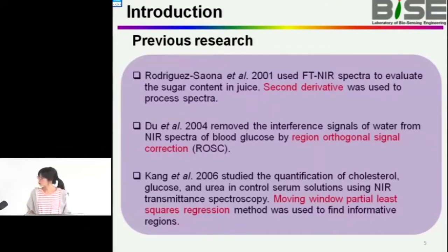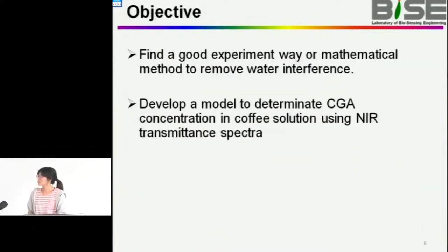And moving window partial least square regression was used to find the informative spectra from the NIR spectra of serum solution. So the objective of my research is to find a good experimental way or mathematical method to remove the water interference, and also develop a model to determine CGA concentration in coffee solution using NIR transmittance spectrum.